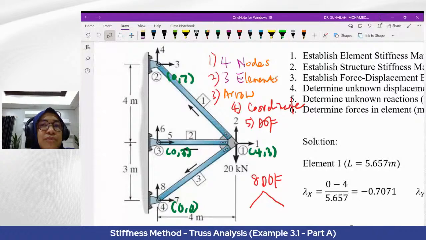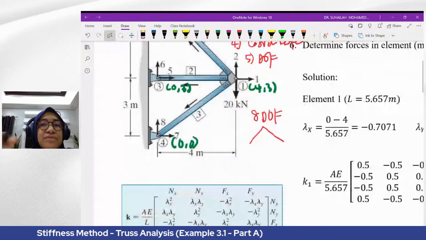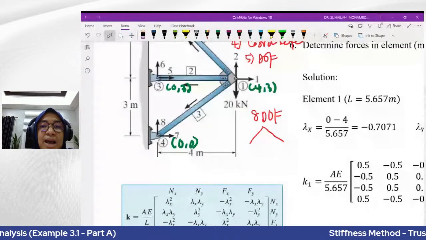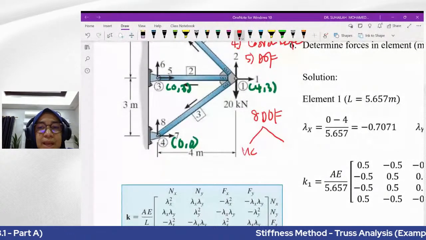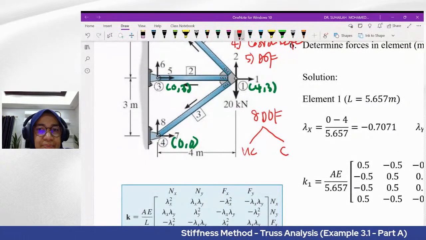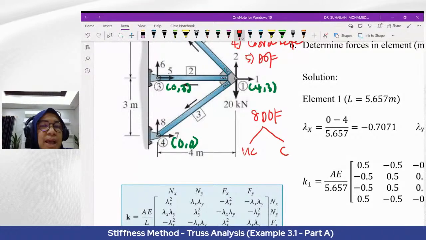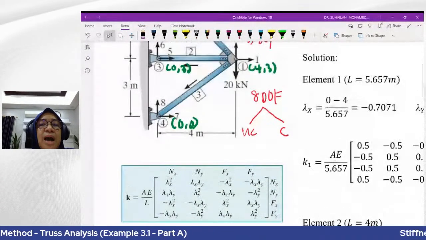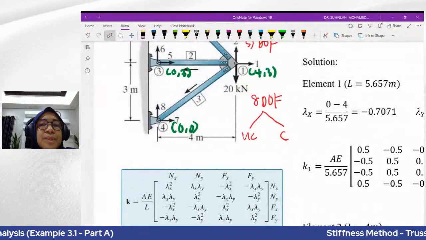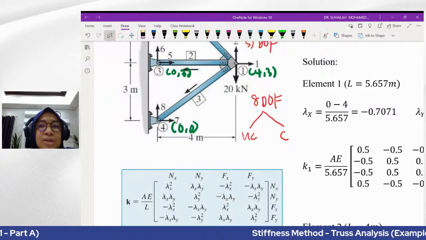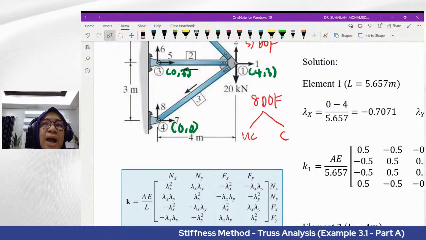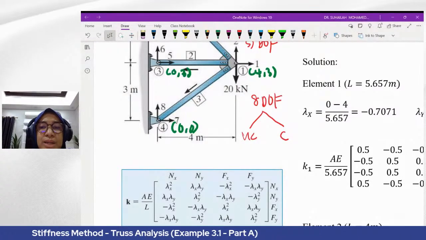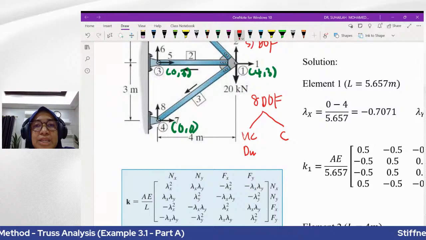And this degree of freedom, we have to divide into two conditions, which are called the unconstrained system and the constrained system. Under the unconstrained system, there are unknown displacements which we label as Du.